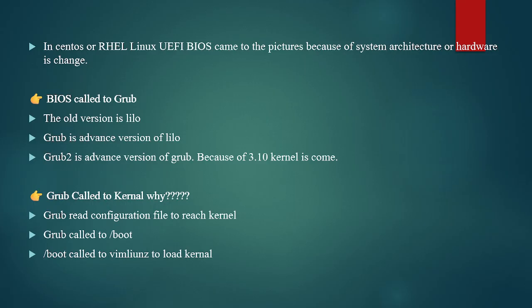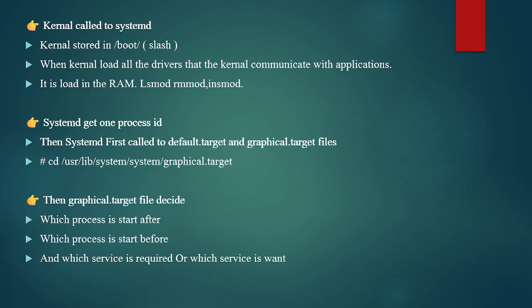After that, GRUB calls the /boot file system and boot calls vmlinuz to load the kernel. Then the kernel calls systemd. In the new operating system, the kernel calls systemd. The kernel is stored in /boot.